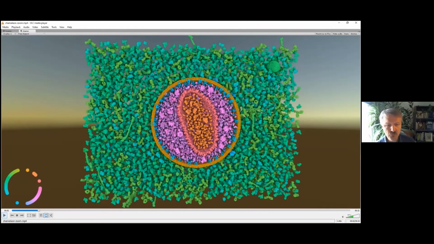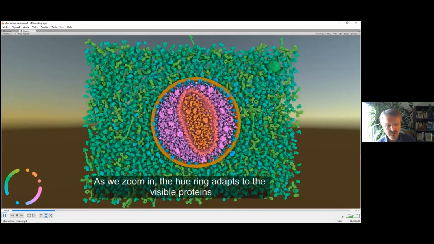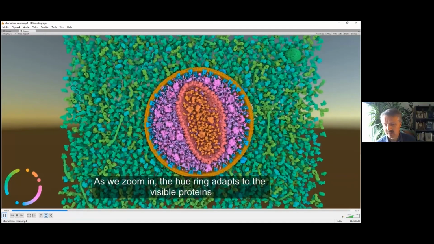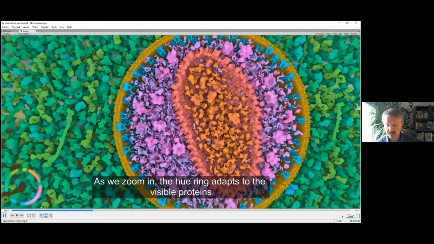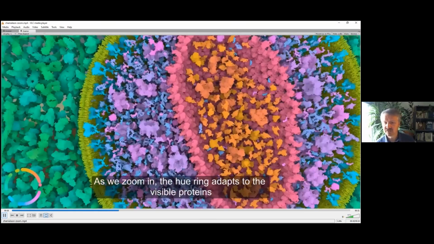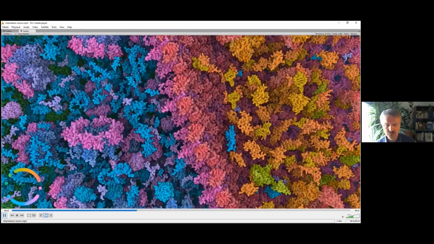If we now zoom in, then we basically don't need all of these categories at the smaller scales because they are not visible. So what happens in this technique is that the color map smoothly adapts to the scale level and provides the right distinction between elements scale by scale.